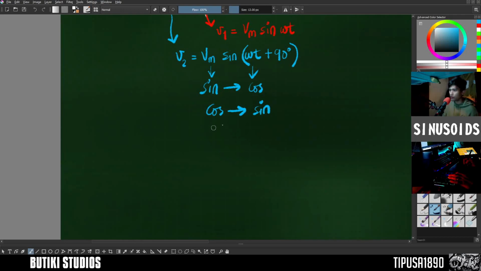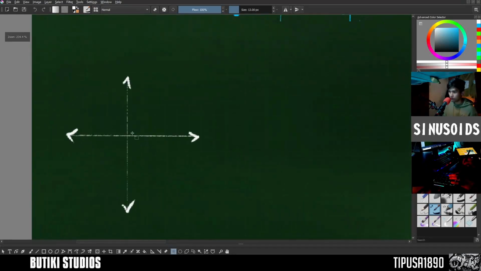Dili graphical nga ato pang i-drawing, but atong kwaon ang quadrant sa sine o cosine. Quadrant approach ang tawag ani nila. At first, medyo libog ni siya, no? But if you'll get a hang of it, medyo sabtan na siya.